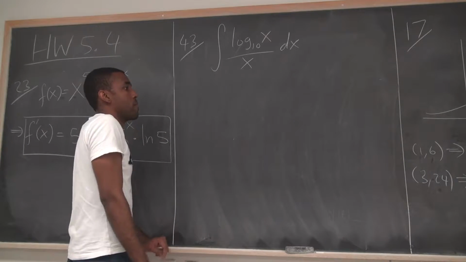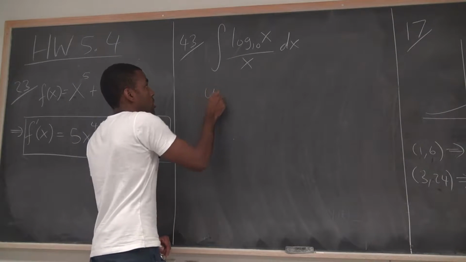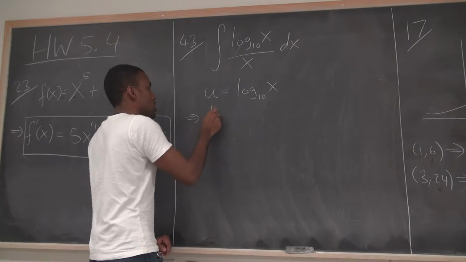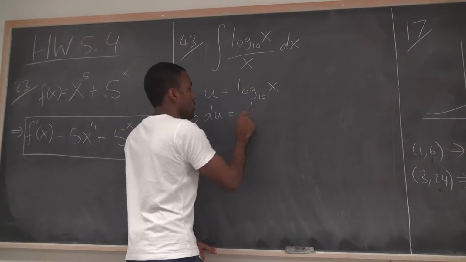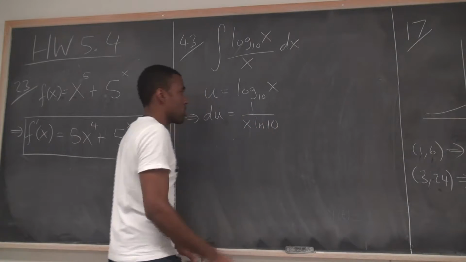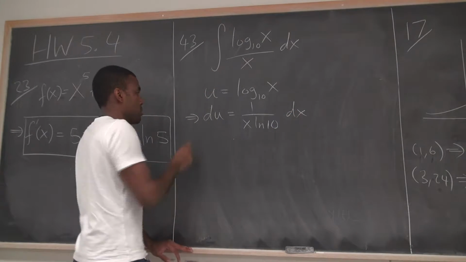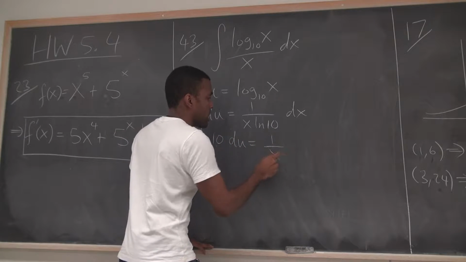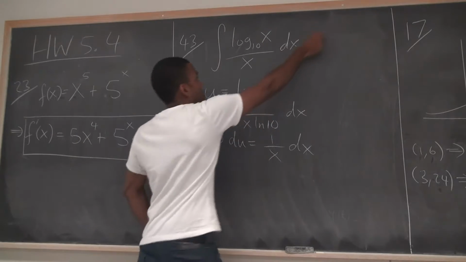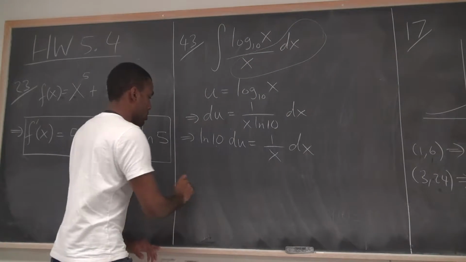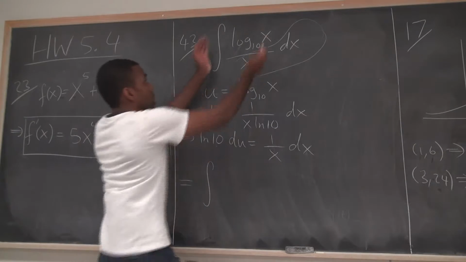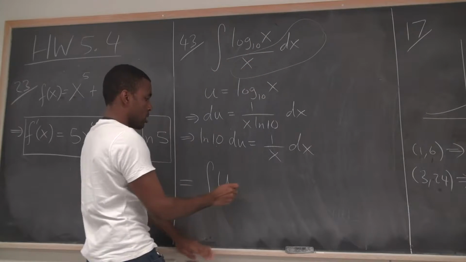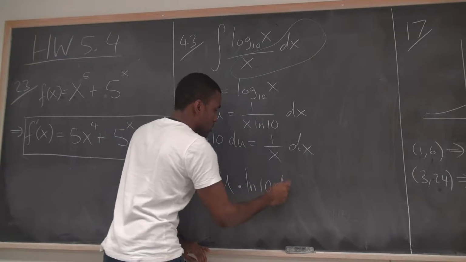Okay, how did we do that? u equals log to the base 10 of x, which means our du is equal to 1 over x ln 10 dx by a rule already stated, which means I can multiply both sides by ln 10 to get a 1 over x dx, which I have here. So the integral becomes the integral of u, and dx over x becomes ln 10 du.